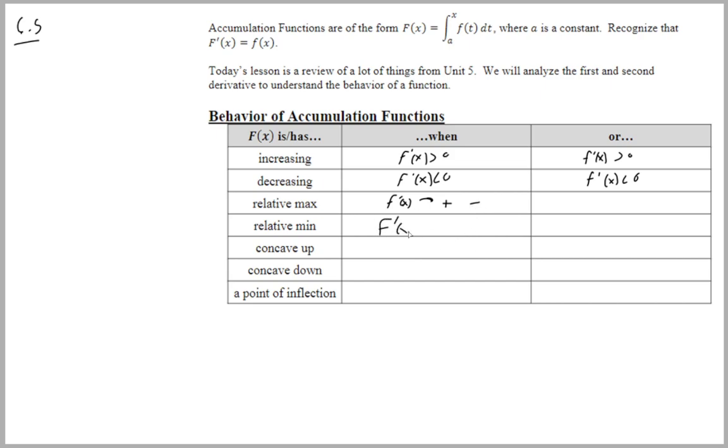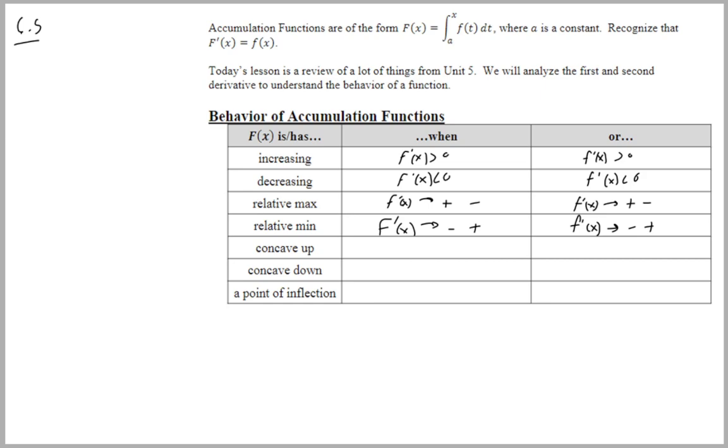If big F prime of x changes from negative to positive, that is a relative min. And for little f prime, it would be the same thing. If f prime of x changes from positive to negative, it would be a relative max, and if f prime of x changes from negative to positive, it would be a relative min.